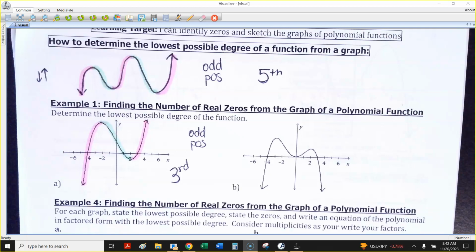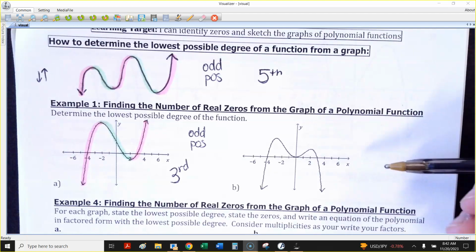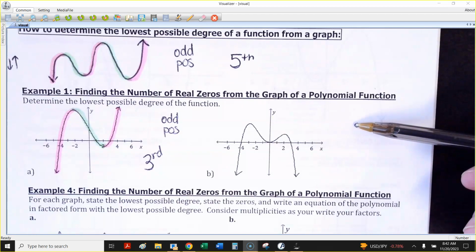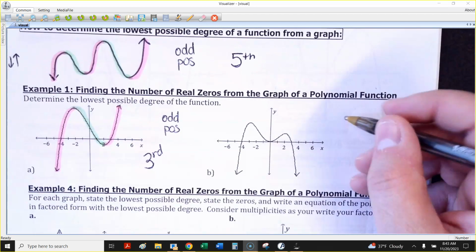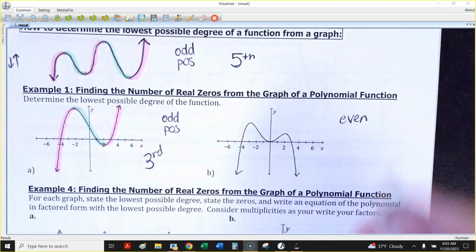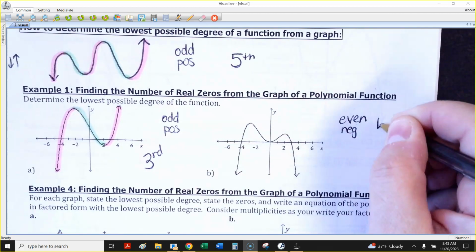What about this last one in this example, is this even or odd? Even. If the ends of the graph both go down or both go up, it has to be even. In terms of positive or negative, just look on the far right. If it's going down, it's going to be negative. If it's going up on the far right, it's going to be positive. So this is even, negative, with end behavior down, down.